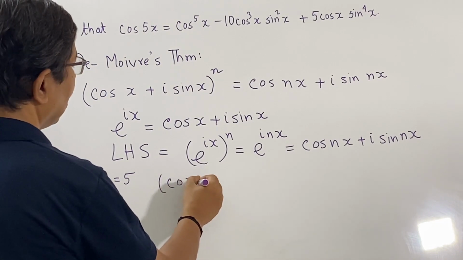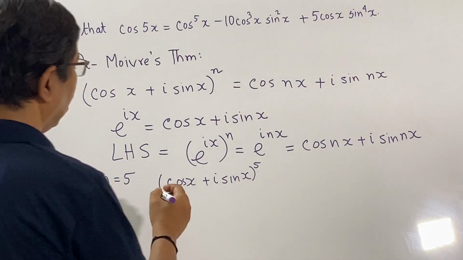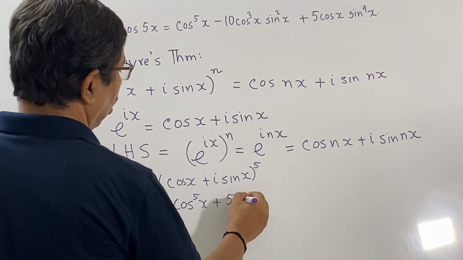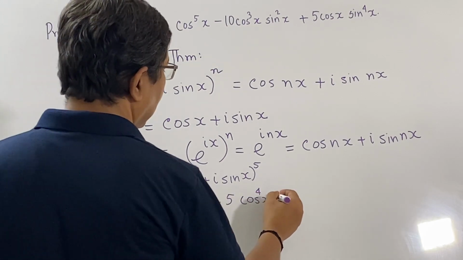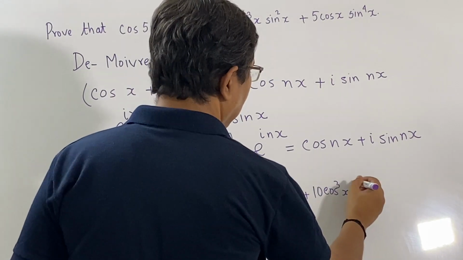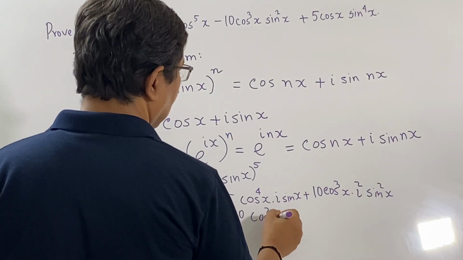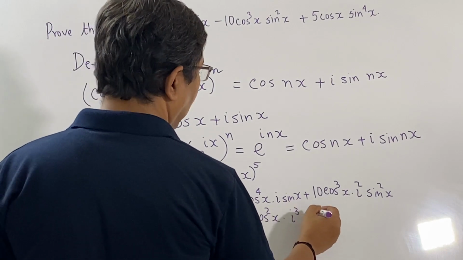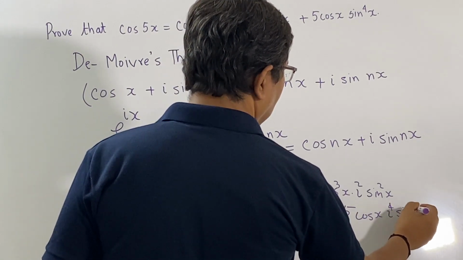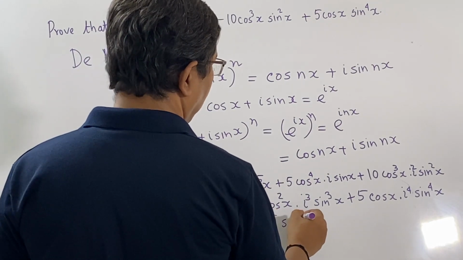So, we have (cos x plus i sin x) whole to the power 5, and by binomial theorem this becomes cos to the power 5x plus 5 cos x to the power 4 into i sin x plus 5C2, which is 10 into cos cube x into i square sin square x plus 10 cos square x into i cube sin cube x plus 5 cos x i to the power 4 sin x to the power 4 plus i to the power 5 sin x to the power 5.